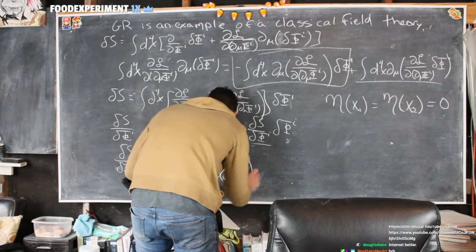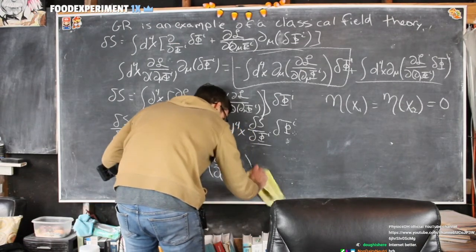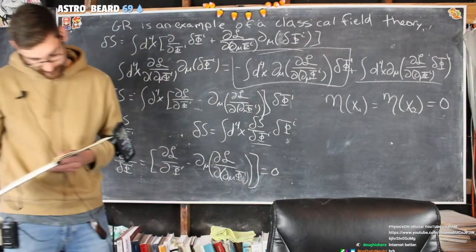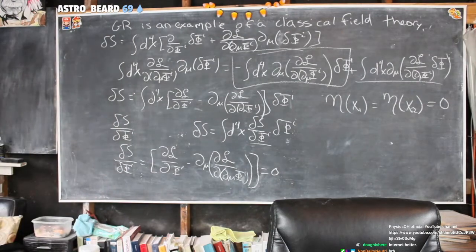And this was equal to 0, our Euler-Lagrange equations.